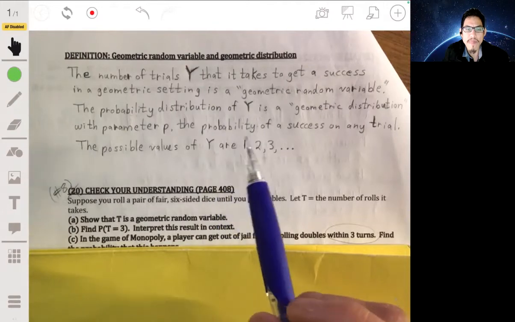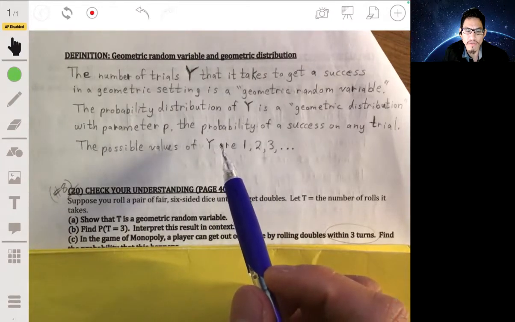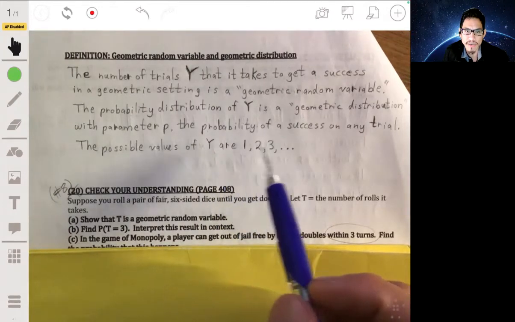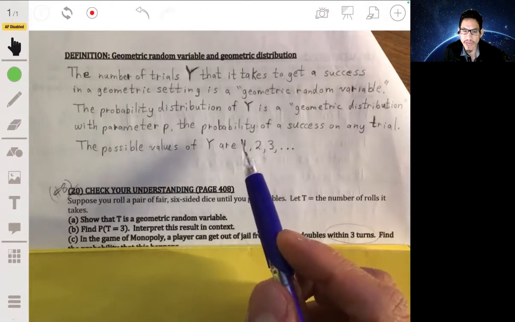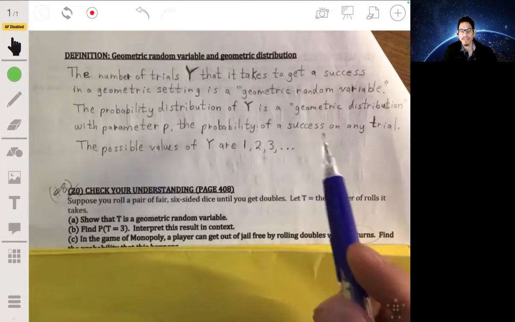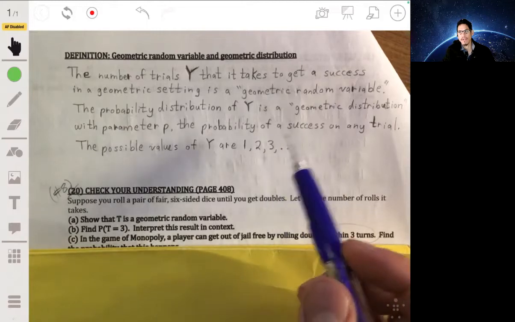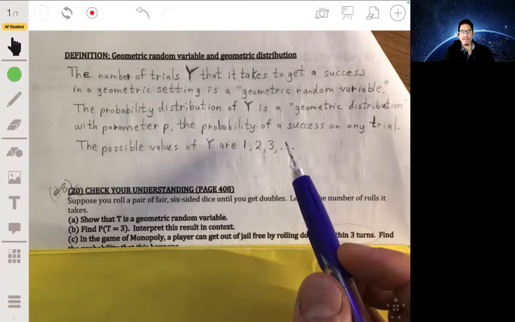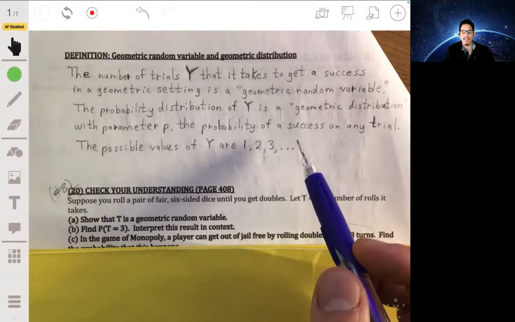And we're counting the values of Y, the number of trials it takes until we get a success. The possible values of Y could be 1, 2, 3, 4, 5, 6. It could actually be infinity, because maybe you never get a success. Maybe it takes thousands and thousands or millions of times to get a success.